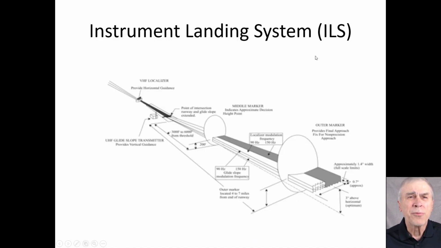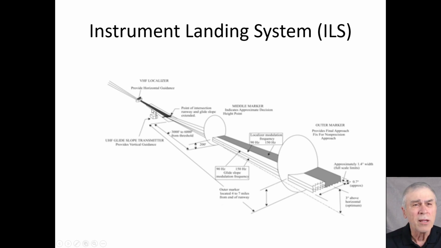Alright, here's a little description of the instrument landing system. In this illustration, you can see the outer marker, the middle marker, and do they show an inner marker? Not on this one. They show the localizer, which sends out a signal from somewhere beyond the landing area, and that signal is split into two.